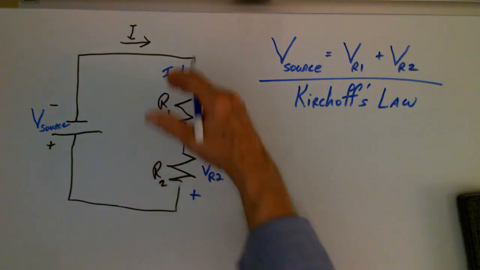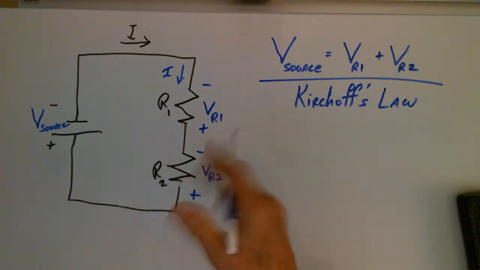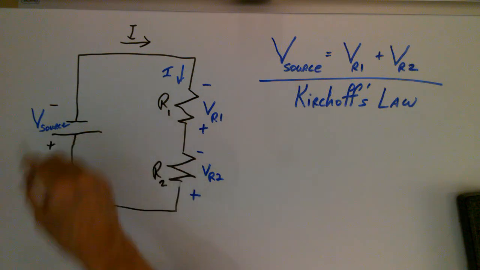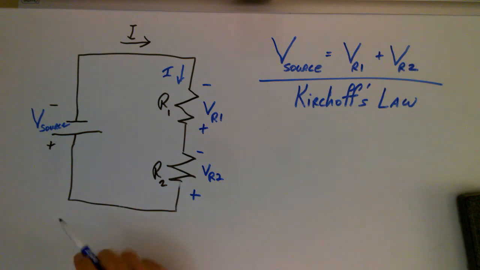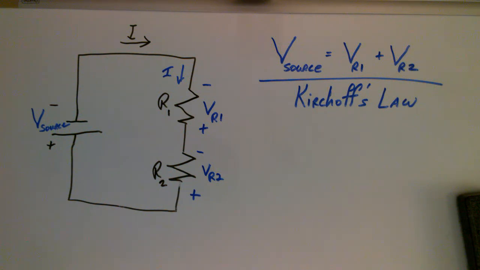If I were to increase my number of resistors over here, you would find that no matter how many resistors I had, the sum of each voltage drop, adding them all up, would be equal to the voltage source. This is an important law for you to remember when you're doing your troubleshooting, no matter what the circuit is. As I have said before, it applies to DC circuits and to AC circuits.